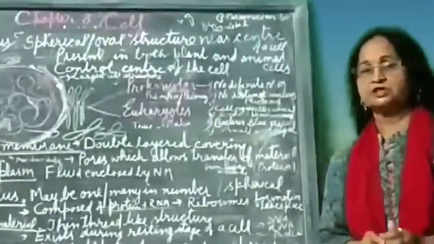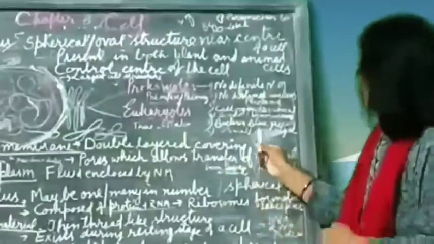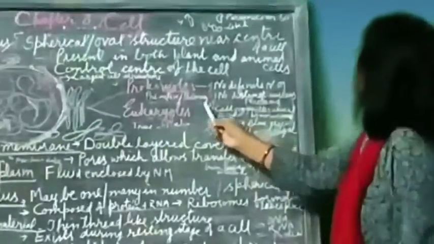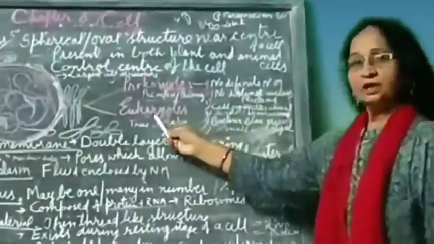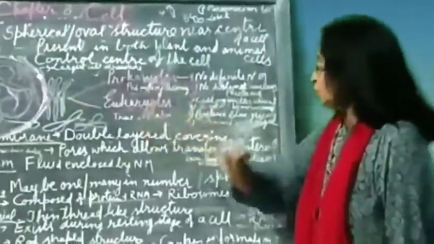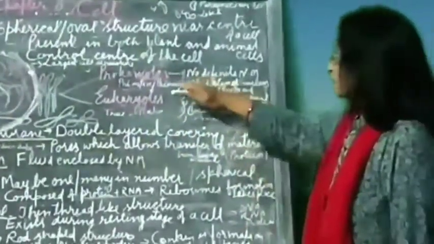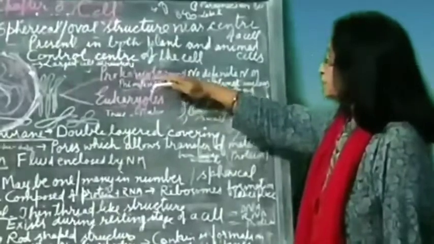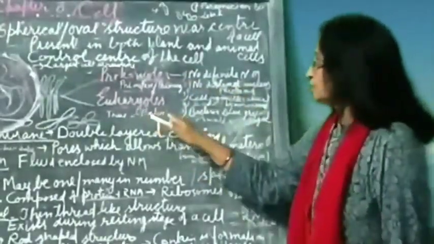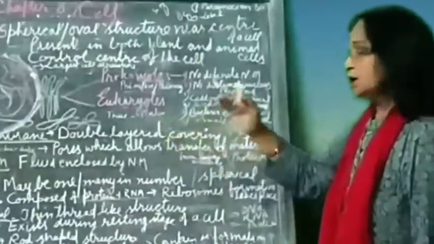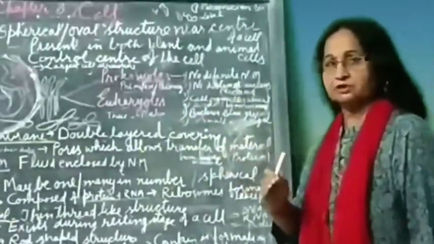Only one exception is there, that is ribosome. Here a single chromosome is present, and here more than one chromosome is present in eukaryotes. Again, a prokaryotic cell will be smaller in size, whereas a eukaryotic cell will be larger in comparison.